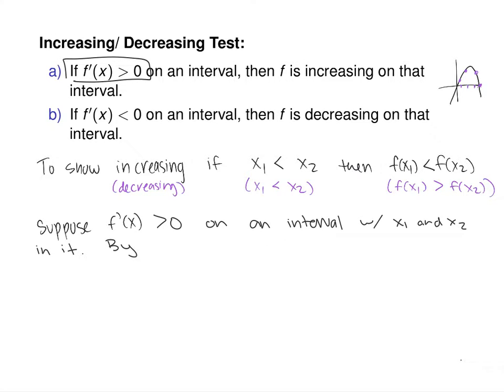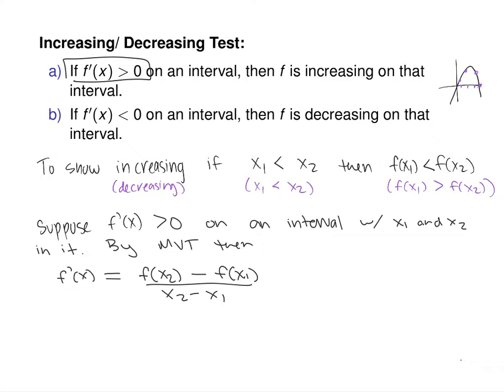By the mean value theorem, then f prime of x will have to equal f of x2 minus f of x1 over x2 minus x1.